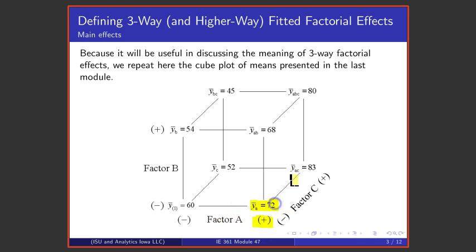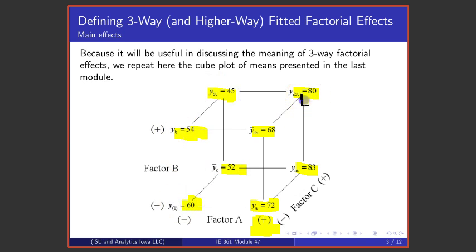What I'm going to do is average these four y bars, the ones on the right face of that cube, where factor A is at its second level, and then subtract the grand average of these four plus these other four.